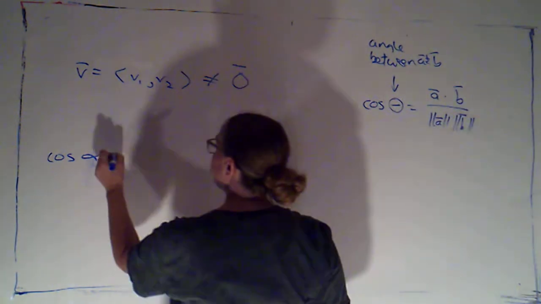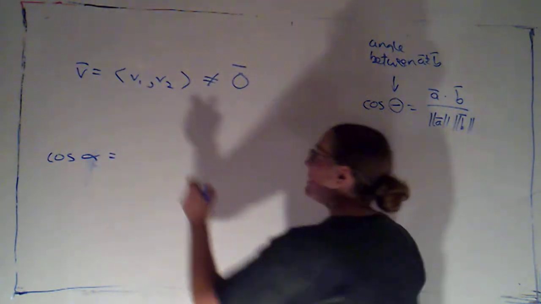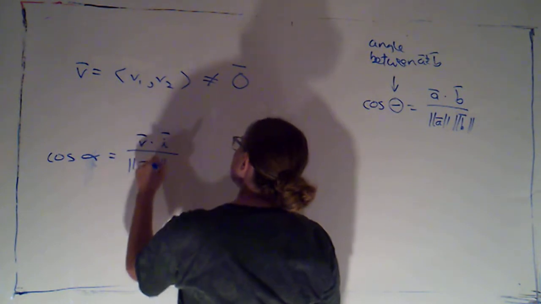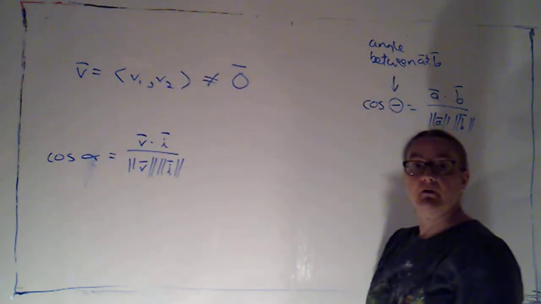So cosine of alpha, now instead of A and B, I'm working with V and I. So that's going to be V dotted with I divided by the magnitude of V times the magnitude of I.